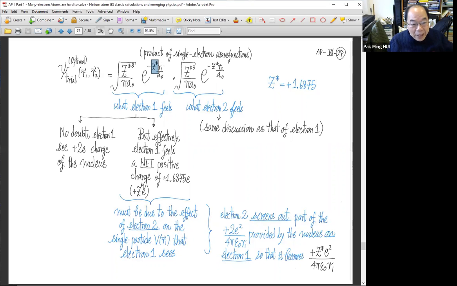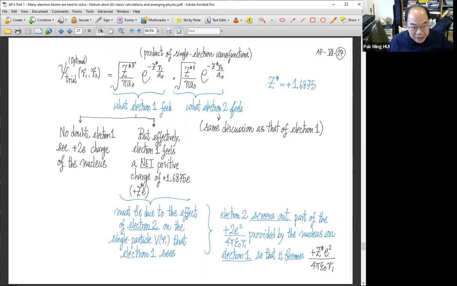Okay, so now we are going to interpret this physically. This part is the single-electron wave function describing what electron number 1 feels in its living place, in the surrounding of the nucleus, with the second electron in its vicinity.